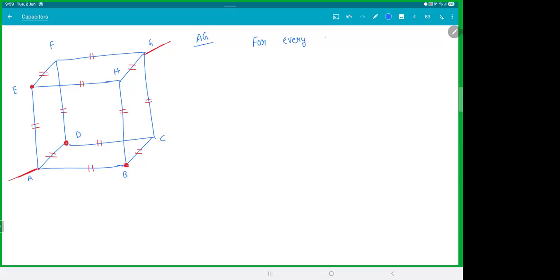So for every path from A to G through B, we can find a similar path through D and E. If the paths are identical, that means the potential must be identical.